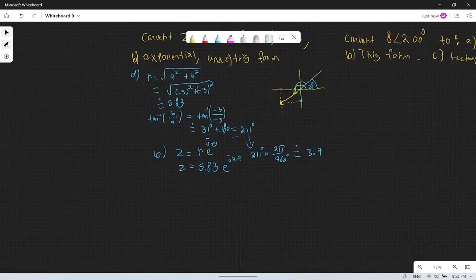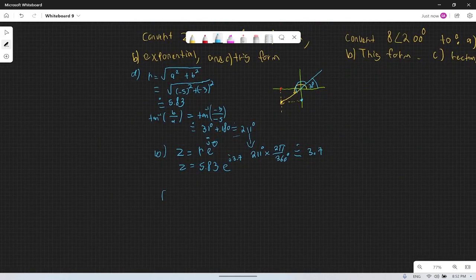Alright, and then finally we have the trig form. The trig form is z equals r cos theta plus j sin theta. We already know our r is 5.83. For the cos, we can either use the radians or the angle; I'm going to use the angle here.